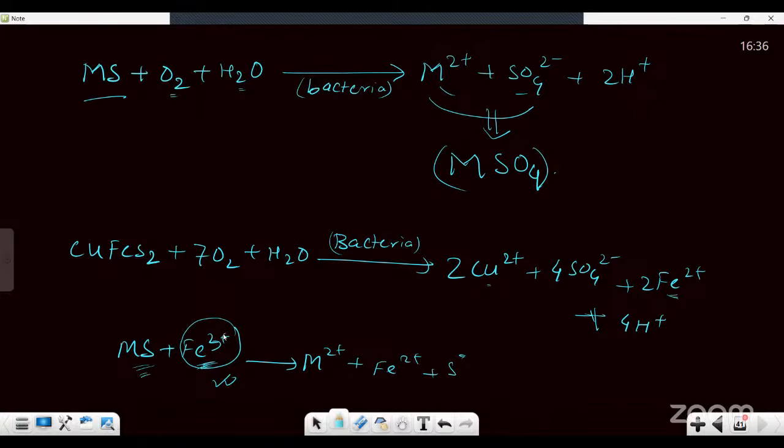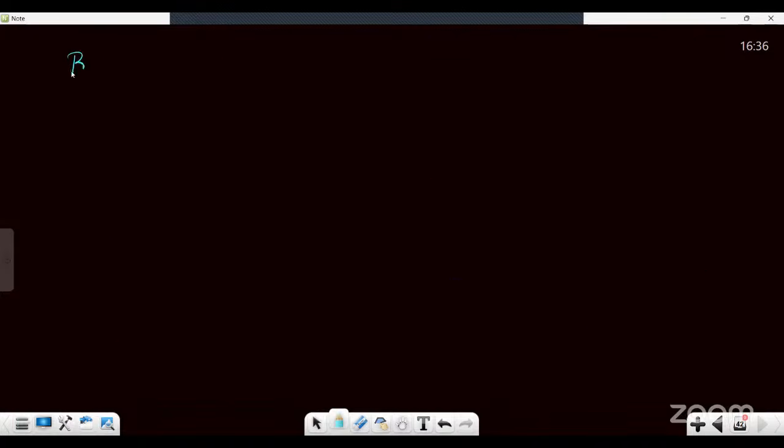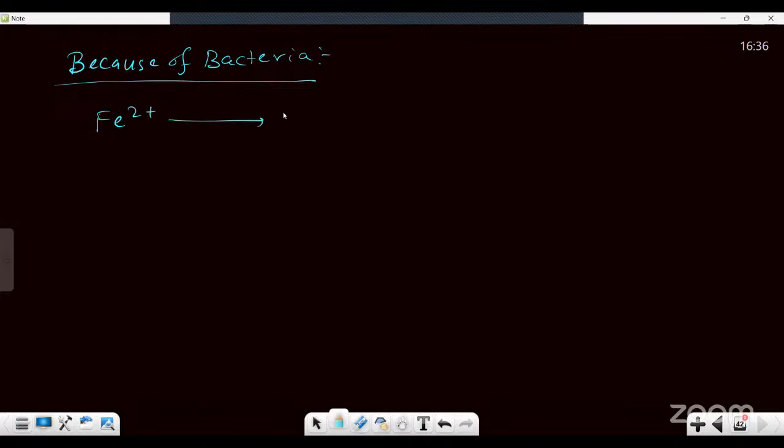Deplete means it will lower down. But because our bacteria is present, more and more Fe2+ ion is consistently being converted to Fe3+ ion. Because of the bacteria, Fe2+ ions will get converted to Fe3+ ions, right?